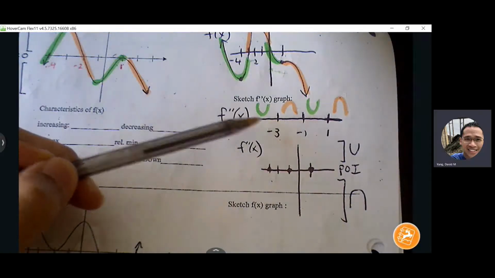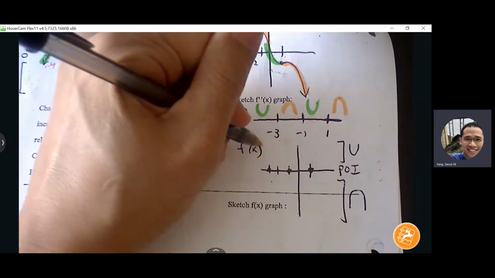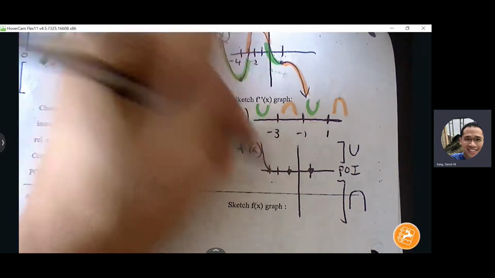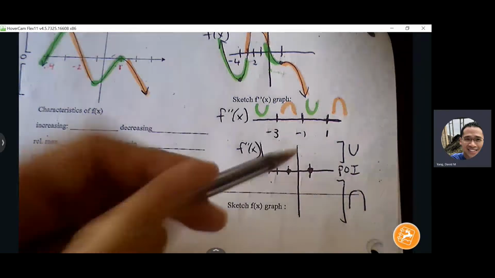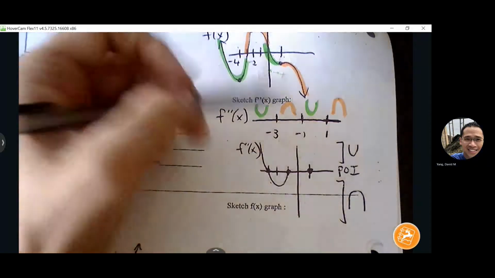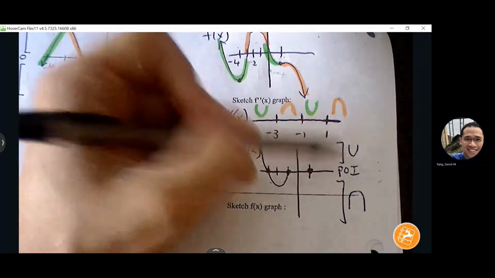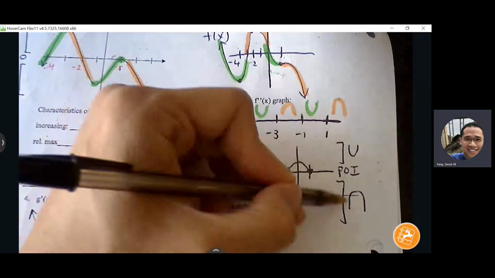Where do I want my graph to live? Above. So I want my graph to decrease to that point. Between -3 and -1, it has to live below, so it goes down, but has to come back up. Between -1 and 1, above. And then to the right of 1, below.